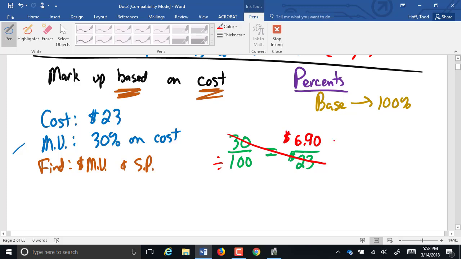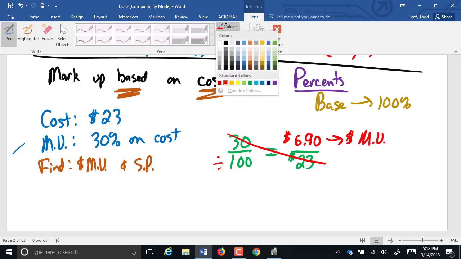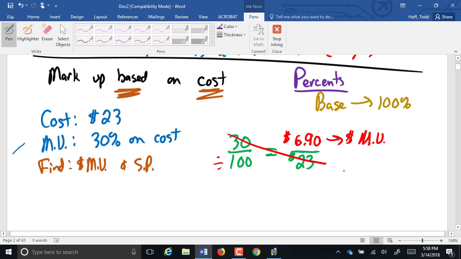So $6.90 is the dollar amount of the markup. So the selling price is our cost plus the $6.90 markup, which gives us $29.90.